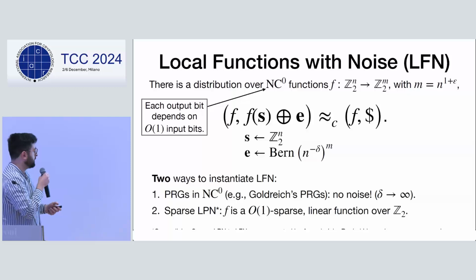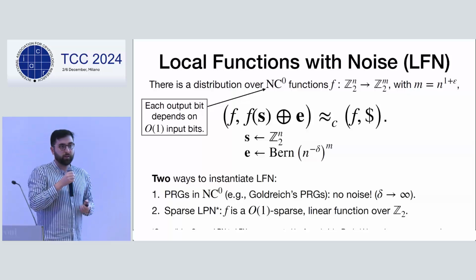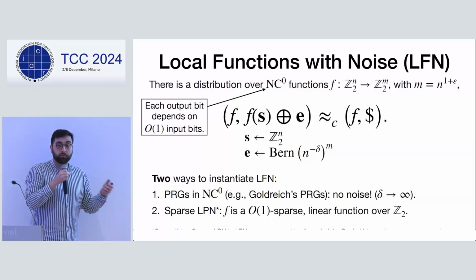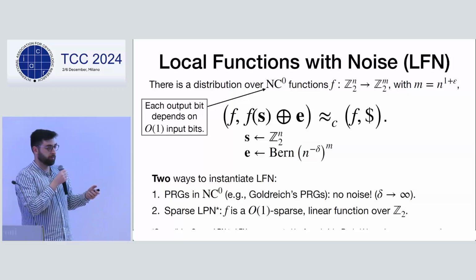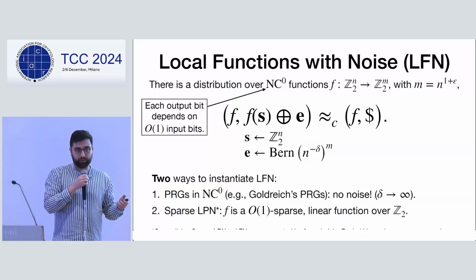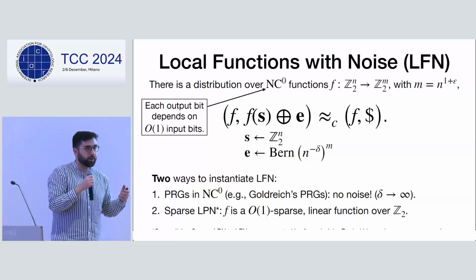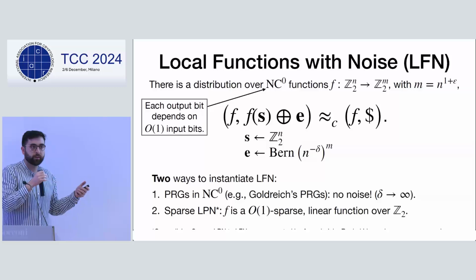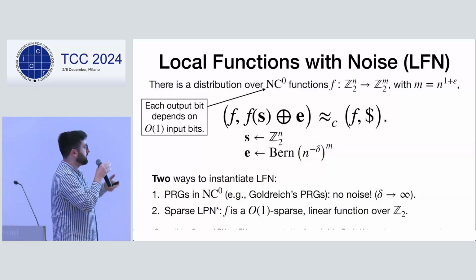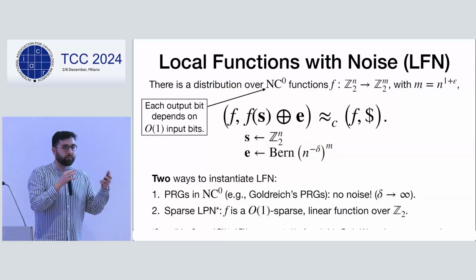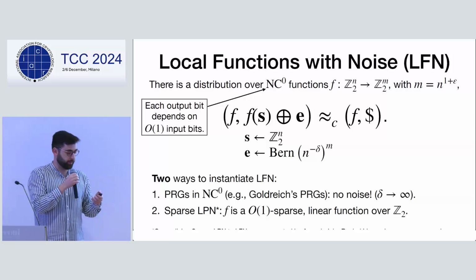The second assumption is sparse LPN, where f is not only a local function in NC0, but is also linear over Z2. And this bottom footnote, I just want to give credit to Ayush Jain, Rachel Lin, and an anonymous reviewer for suggesting the general perspective of LFN as opposed to just sparse LPN.